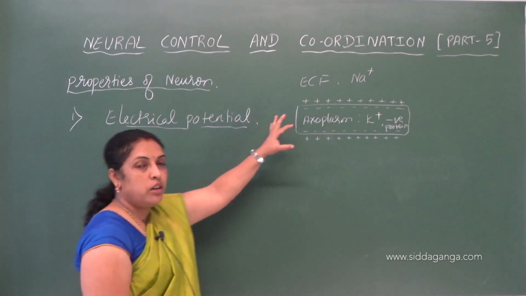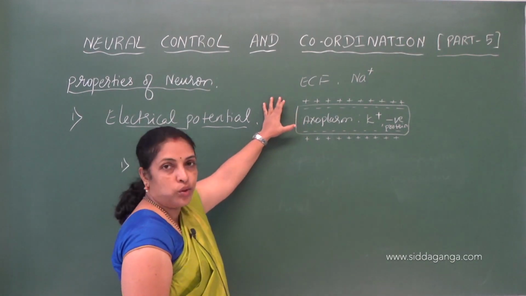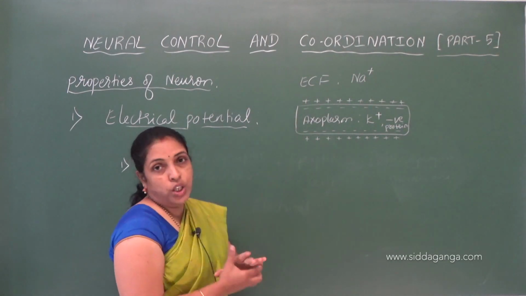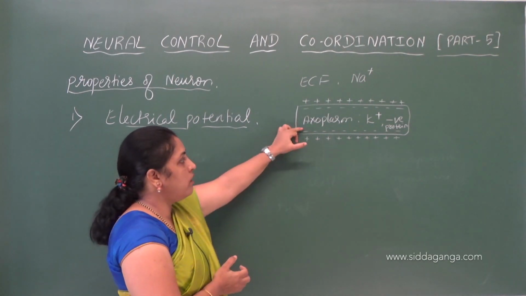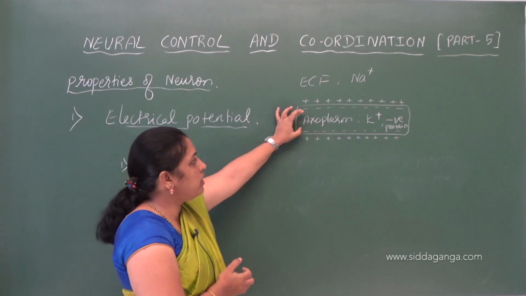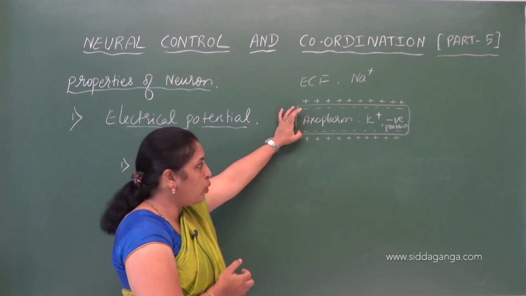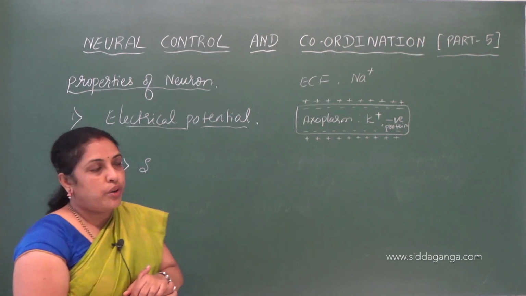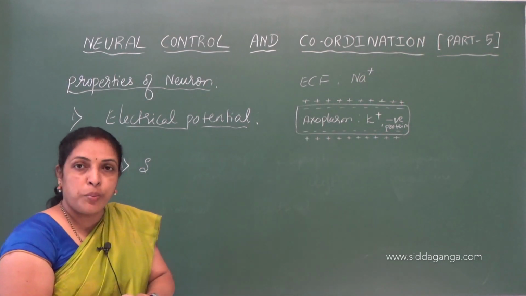Inside the nerve fiber, in the axoplasm or neuroplasm, they are rich in potassium and negatively charged proteins.